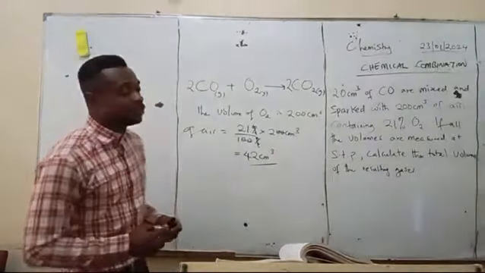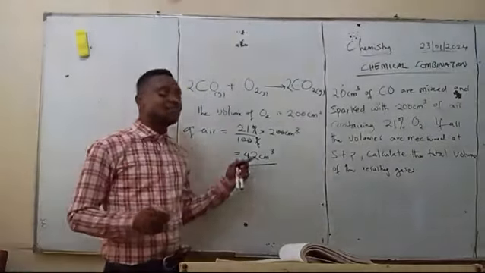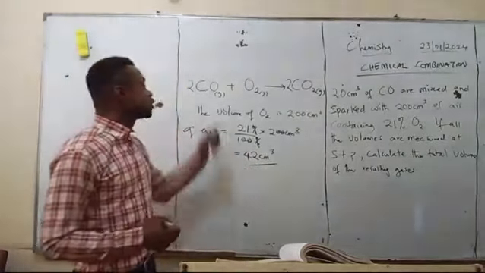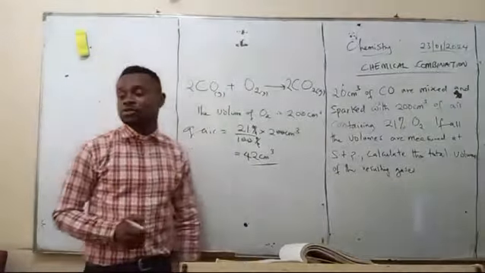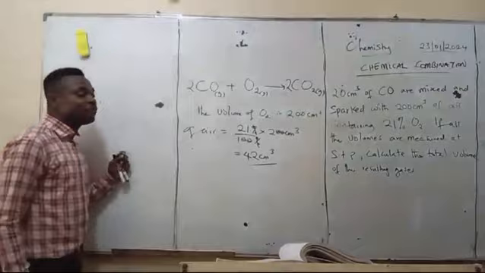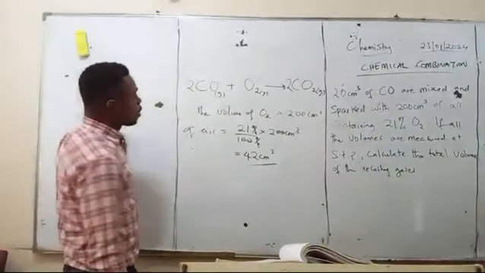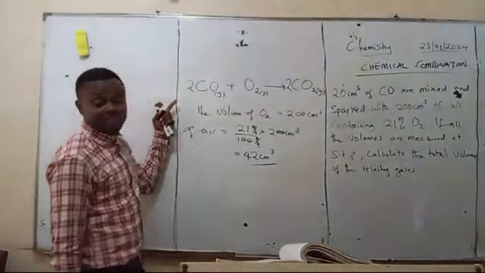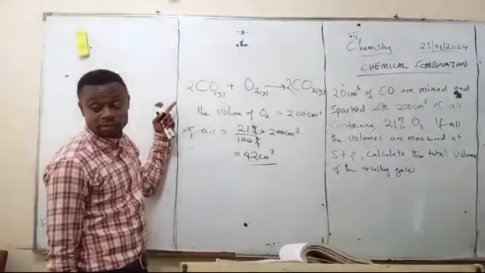Now we have calculated the volume of oxygen that will be sparked with this carbon 2 oxide. Having determined that, before sparking, remember the first thing to do is to establish the mole ratio.